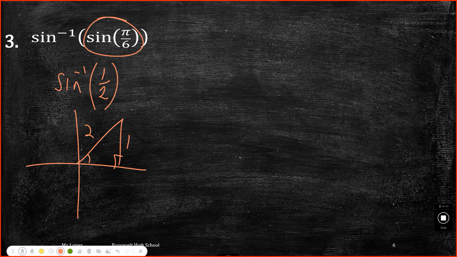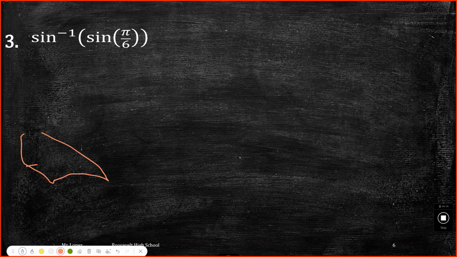Pi by 6, isn't it? Yes or no? It's giving you the 1/2. What angle gives you 1/2? It's pi by 6. So you're getting it back. So yeah, they undo each other. Well, you're asking, why are we doing all this work if they undo each other? They don't always undo each other like that. So yeah, they cancel each other out. The answer is pi by 6.